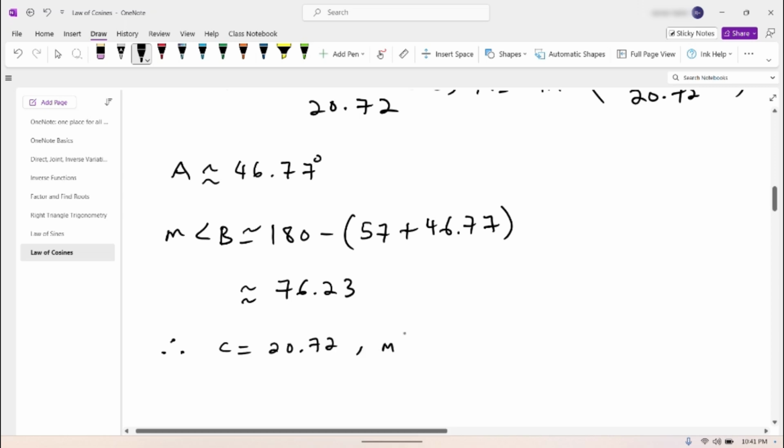Measure of angle A, we said 46.77, and then measure of angle B is approximately, these should all be approximations, so we put the symbol there, we're approximating, and angle B we said is 76.23. All right, so that's how we do that first problem.